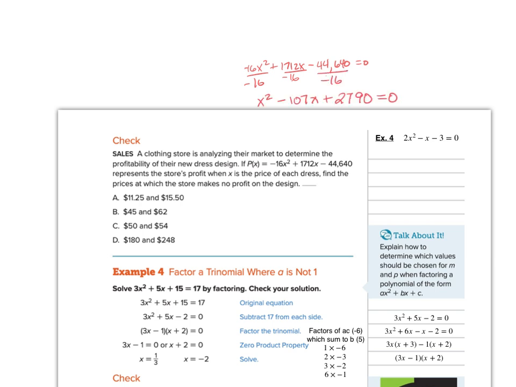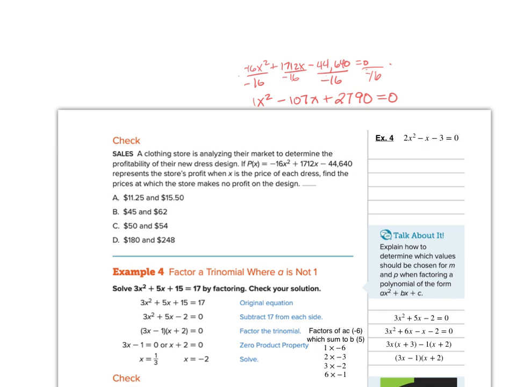So if you were to divide everything by negative 16, then x squared minus 107x plus 2,790 equals 0. If you divide everything by negative 16 on one side of the equation, you've got to do it to the other. So 0 divided by negative 16 is still 0. And we have the a value of my quadratic is 1.